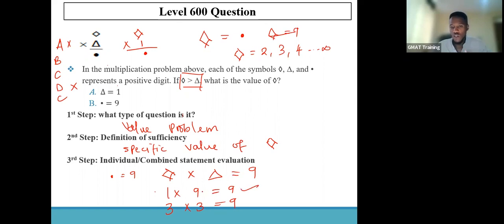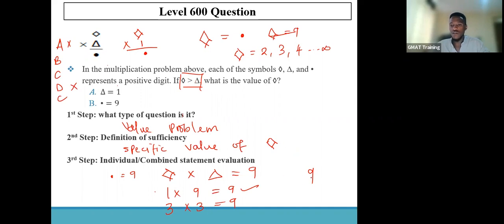And since this combination does satisfy the condition, it means that we can identify a specific value of the symbol that we're looking for. In this case, it would be 9, because this is the only case where we have 9, which represents the rhombus, being greater than 1, which represents the triangle.